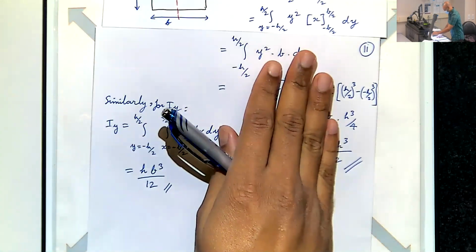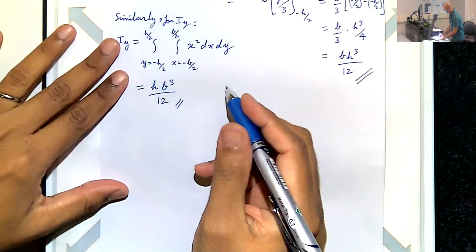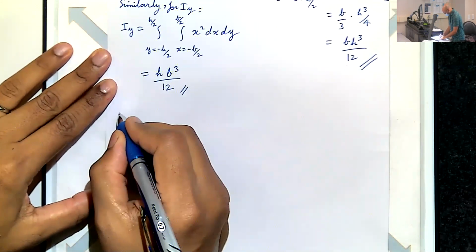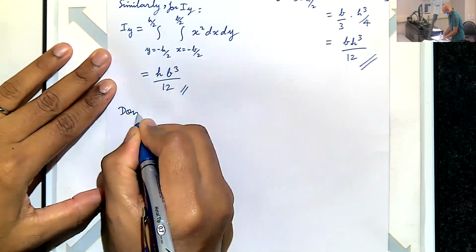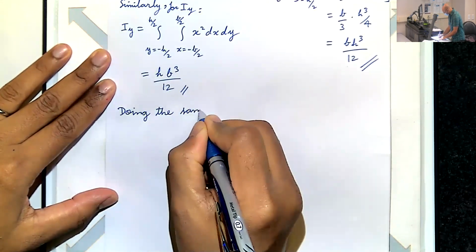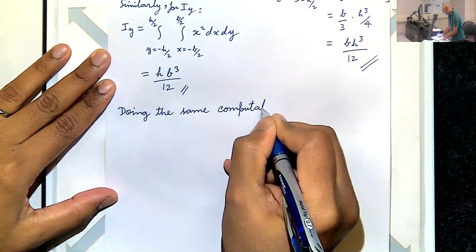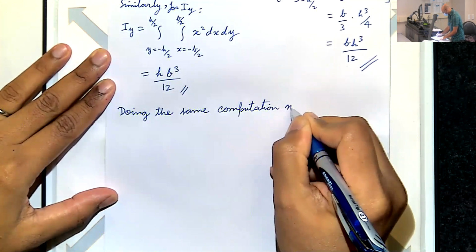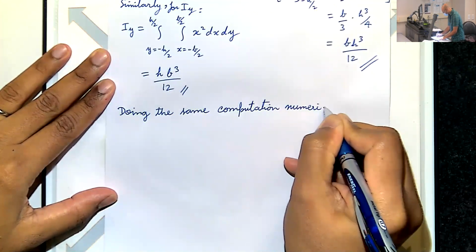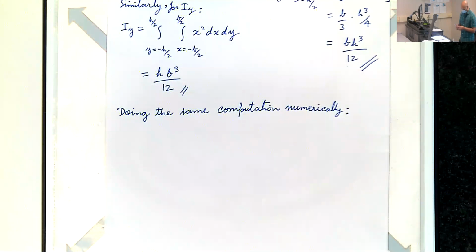So let's do the same computation numerically. The first thing we need to do is discretize our object.